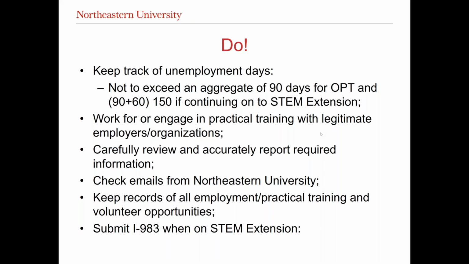Carefully review and accurately report any required information, whether it is to OGS, or whether you are filling out the Form I-765. I know there is a lot of nervousness when one is filling out these forms, right? They are forms for the federal government. Take 2 minutes, slow down, make sure you write everything correctly.